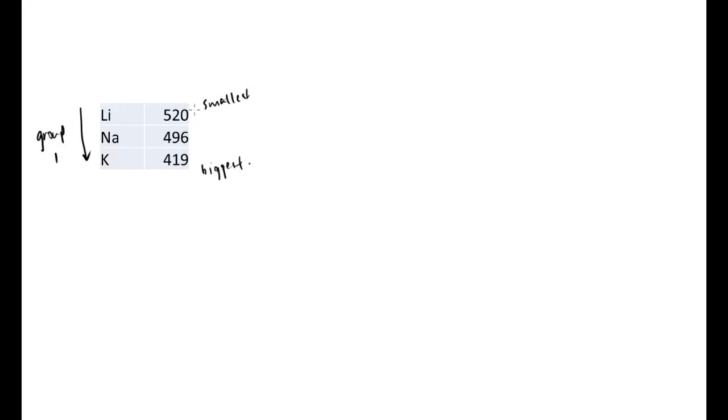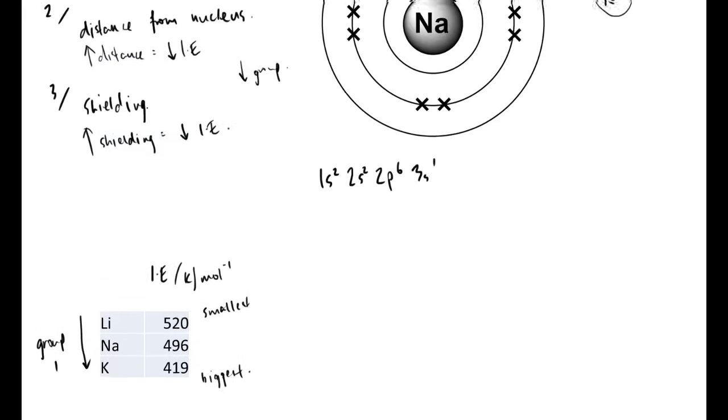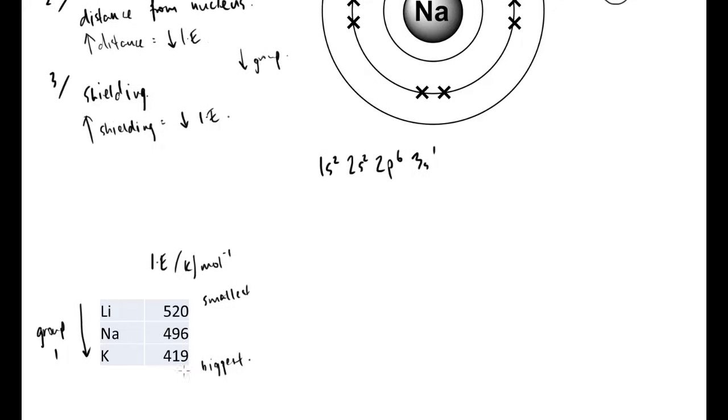And the trend is actually true. This is the actual ionisation energy in kilojoules per mole. That has decreased, as I said it would, and the reason is that we've got an increase in shielding.